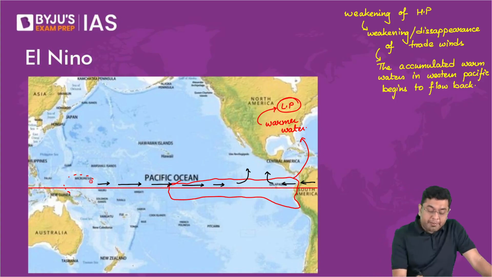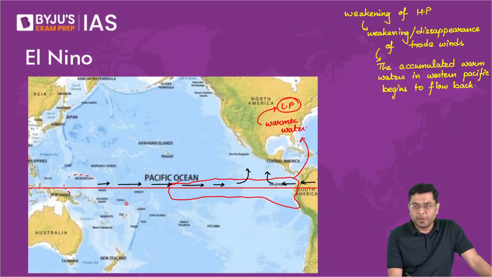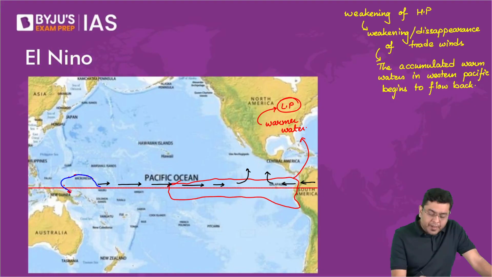So what will happen to the water temperature in the Western Pacific? What do you think? It will get colder, it will reduce because of upwelling. Perfect, very good, guys. So this is where it will get colder.